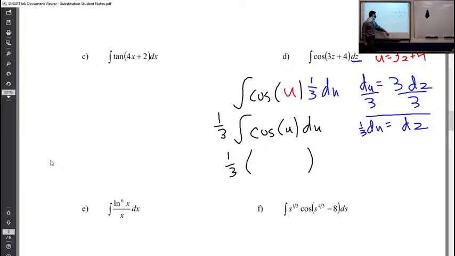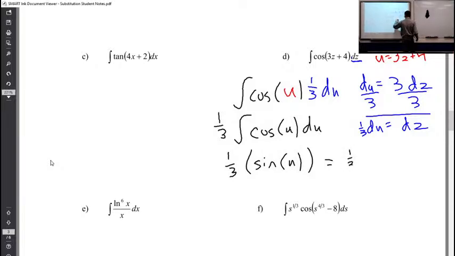So, antiderivative of cosine should be positive sine, because derivative of sine will be cosine. And now that we've done the antiderivative, now we can do our substitution back in.